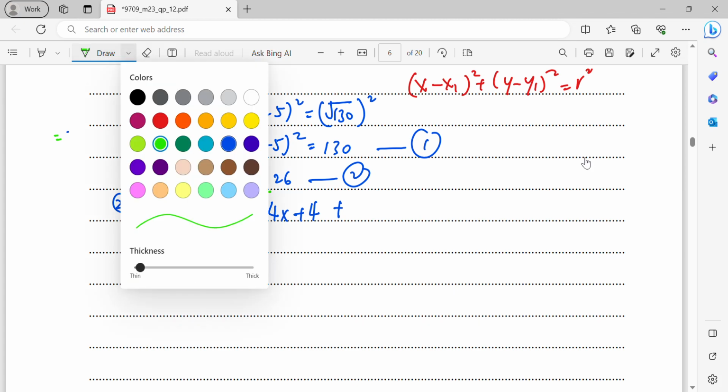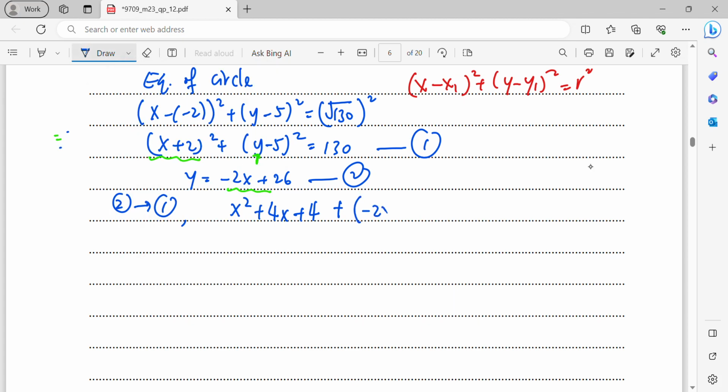So I will get (negative 2x plus 26 minus 5) squared equals 130. For this bracket, I will simplify. 26 minus 5 is basically 21, so I will directly write 21 squared. And then I have to expand the square here again.